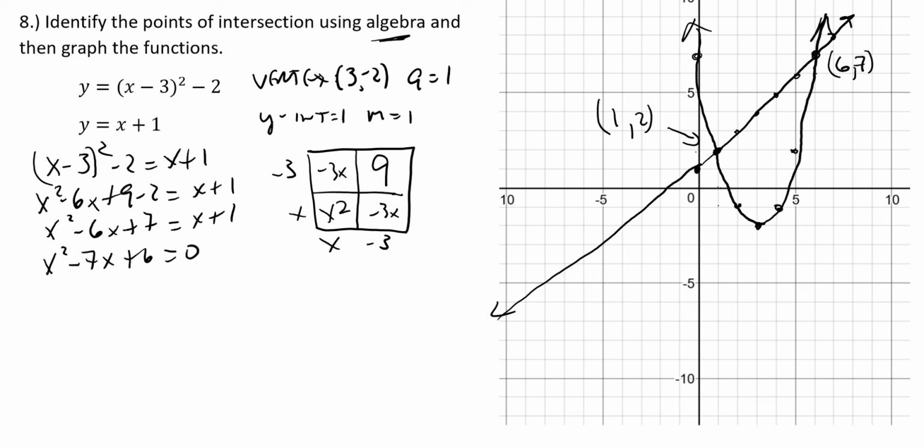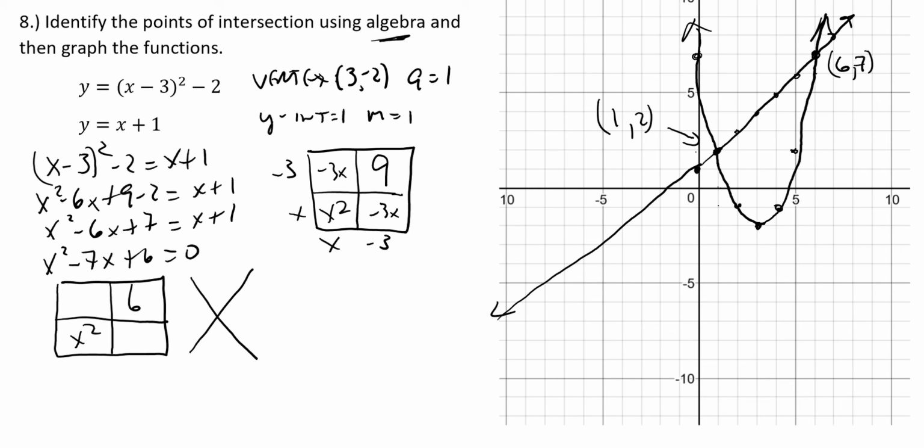So now I have a quadratic, so perfect squares, complete the square, factor, quadratic formula. I made it easy, so it should be factorable. X squared, 6. Alright, so then we know this is going to be 6, and it's going to add up to be negative 7x.